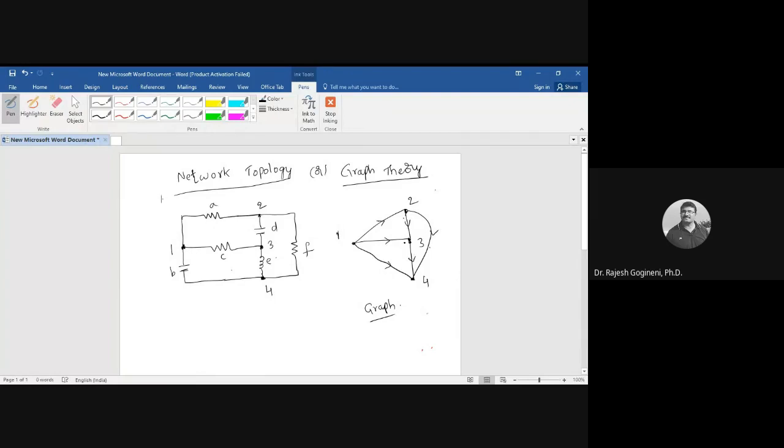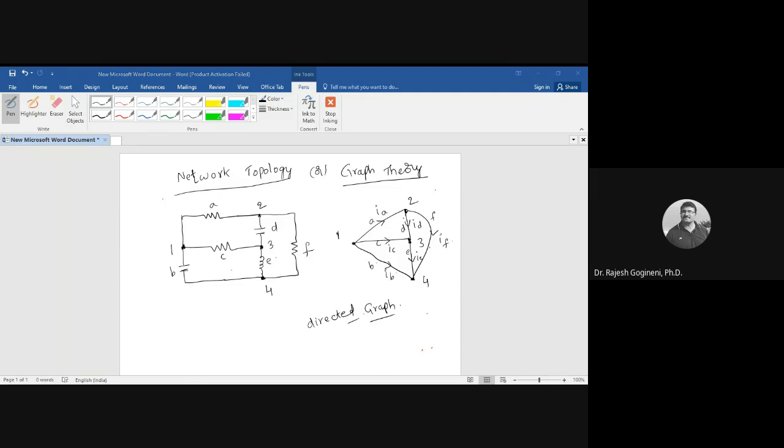And I am writing the current names as IA, ID, IE, IF, IC, IB. Where the elements, here it is a branch, name is A, here this is D, this is F, E, C, and B. So branch names. So including the current directions, if current directions are also given, this is called a directed graph.